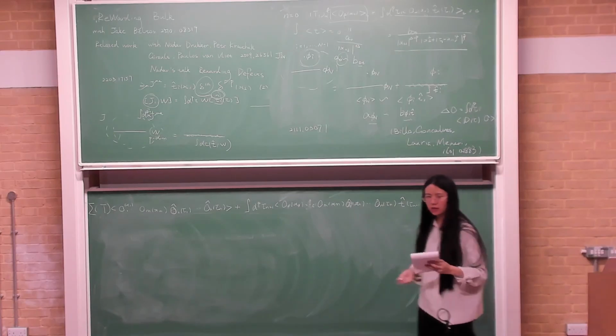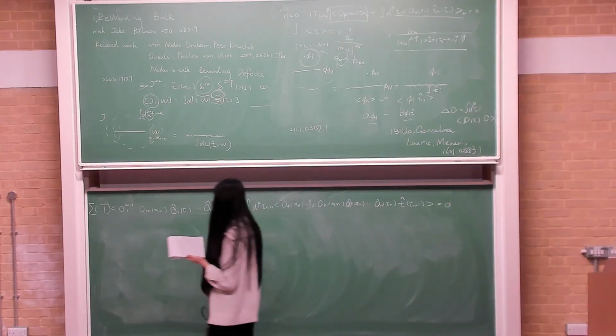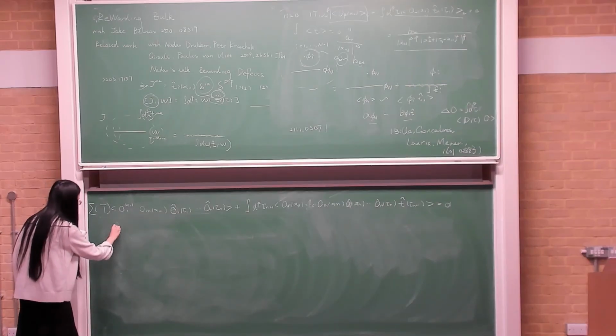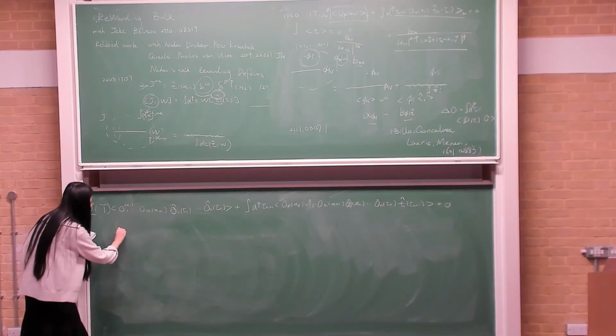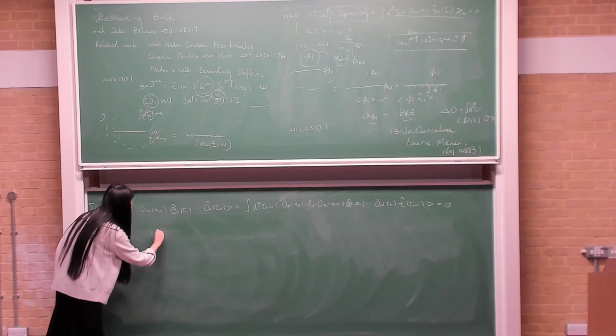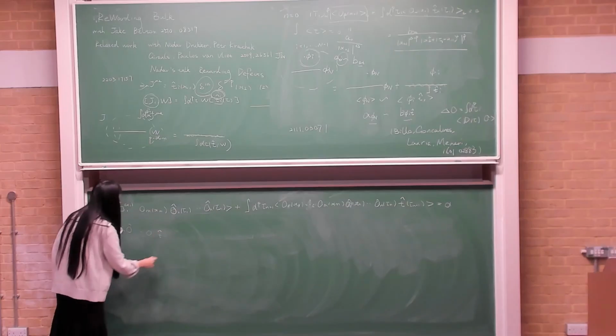So this is analogous to the defect case where you have some defect operator with one bulk, with one tilt operator.